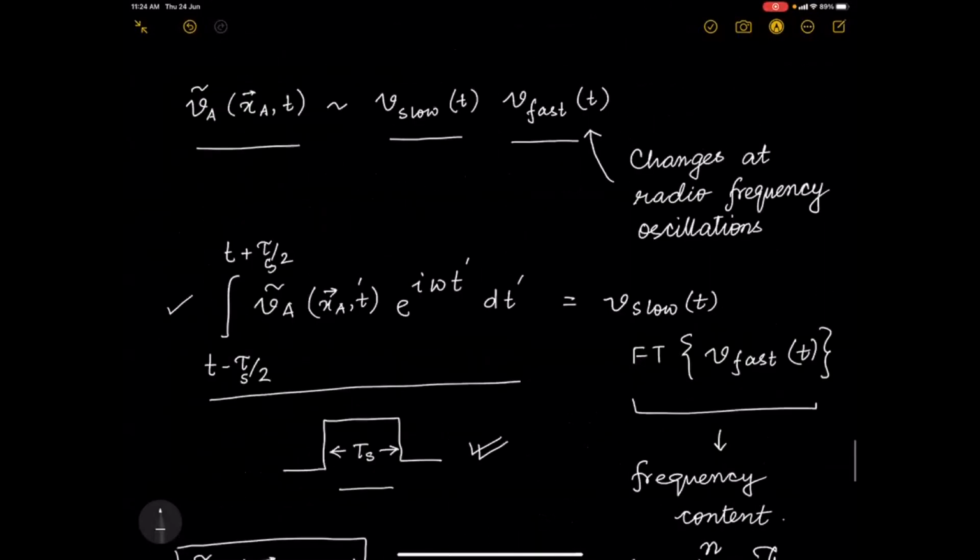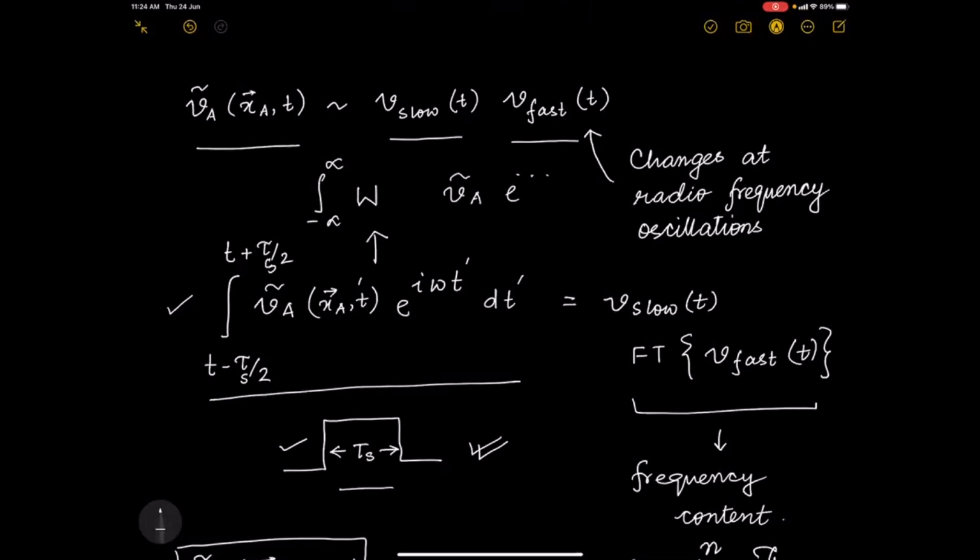If I really want to write a Fourier transform, I better write it as minus infinity to plus infinity, and then a window, which is this window, and then write V, and the Fourier transform kernel, etc.